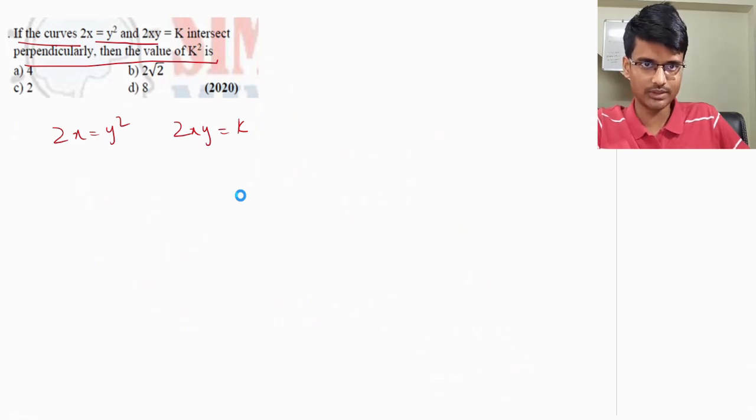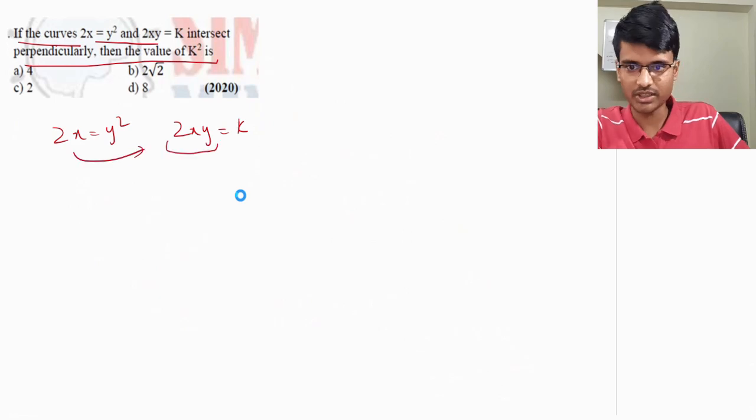So I'll substitute this equation here. So 2xy equal to k. I'll substitute the value of 2x. I can write 2x as y square, so y cubed is equal to k. So y becomes k to the power 1 by 3, right? So what is the value of x? I'll back substitute here.